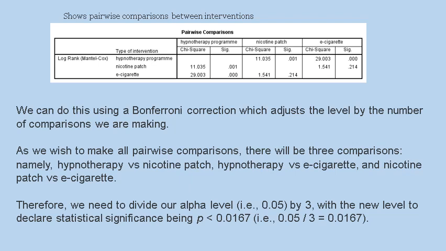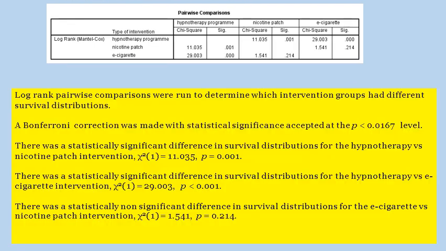Okay, don't look for 0.05 as the significance level. You need to use Bonferroni correction, 0.05 divided by 3, because you are making 3 comparisons. Okay, log rank test.